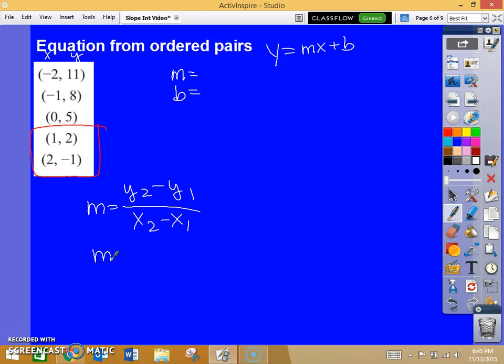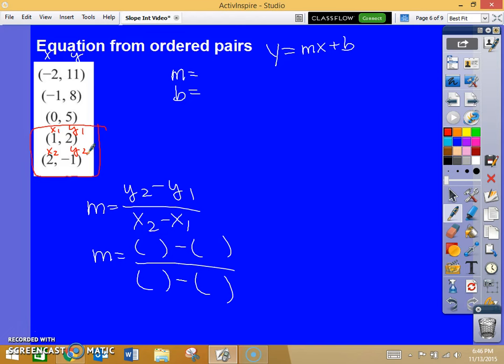So I like to use parentheses to keep everything straight, because there's going to be lots of numbers coming through here. I also like to label what is x2, what is y1 over on this side, just so I remember. So I'm labeling up above, so I'm going to call this x1 and this y1. I'll call this x2 and this y2.